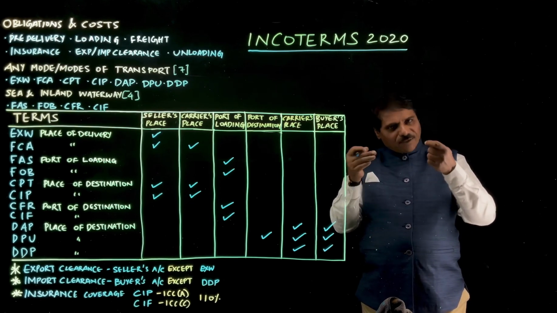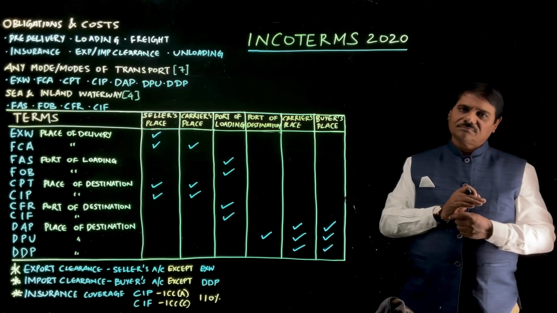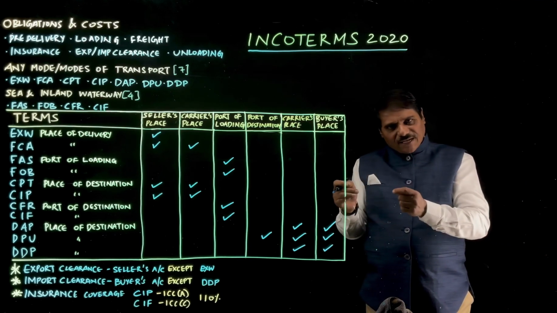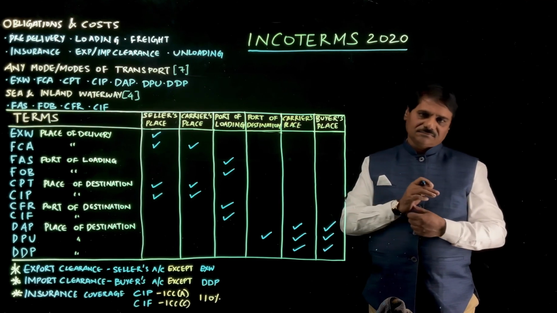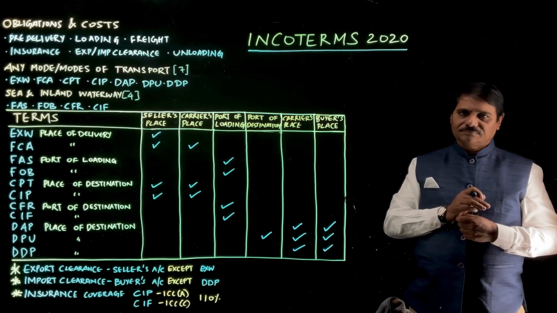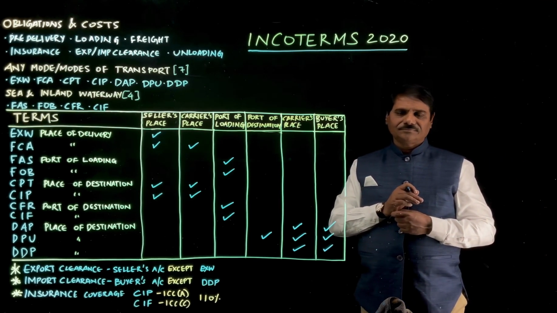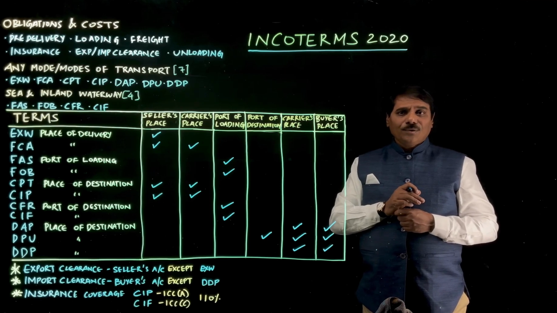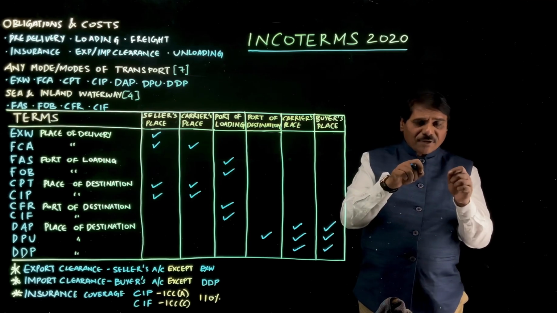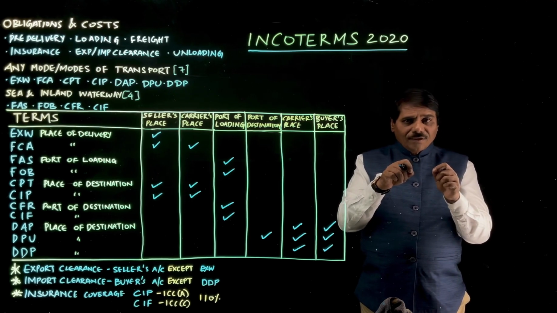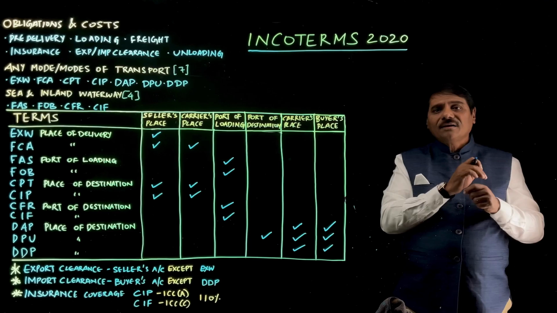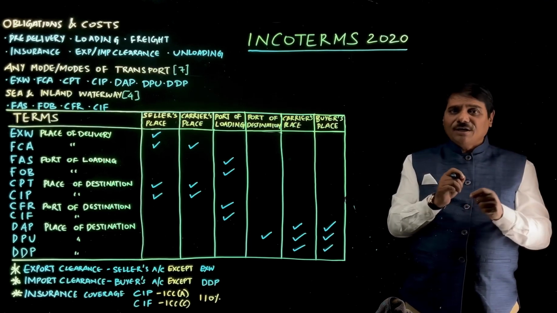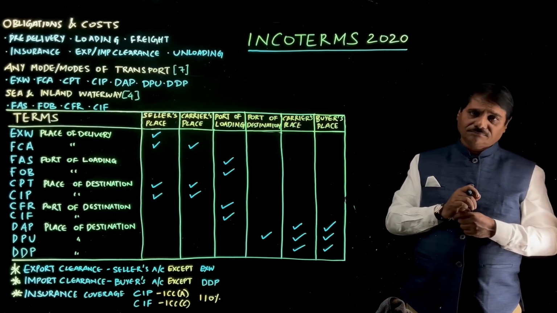Suppose the goods are going by container. The seller may deliver the container to the shipping company at the container yard. So, where is the risk passing? Risk passes at whatever delivery point you mention in the contract.